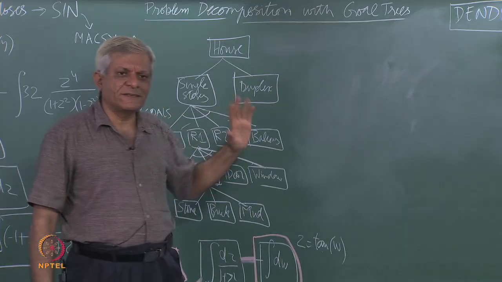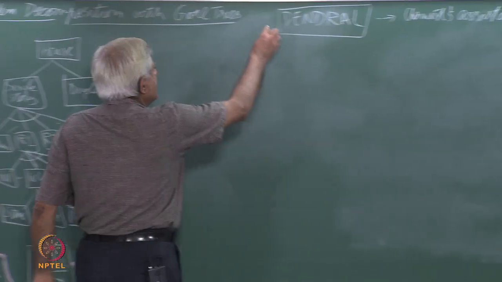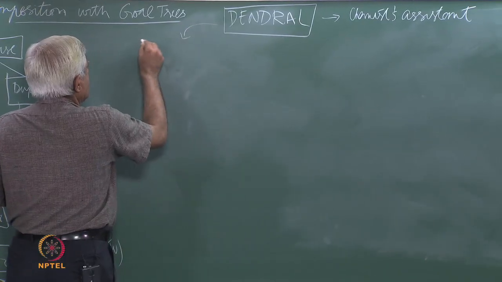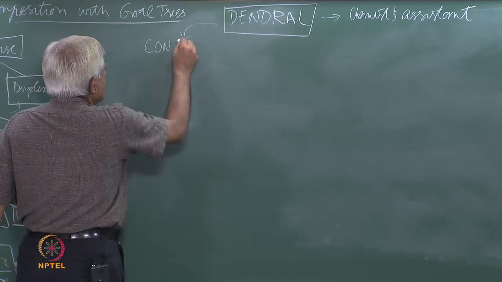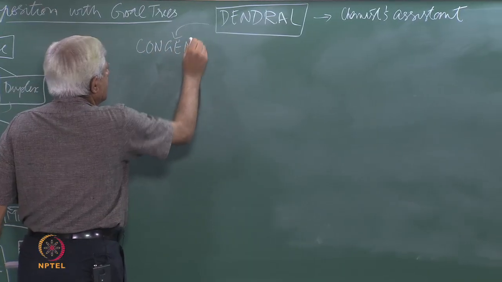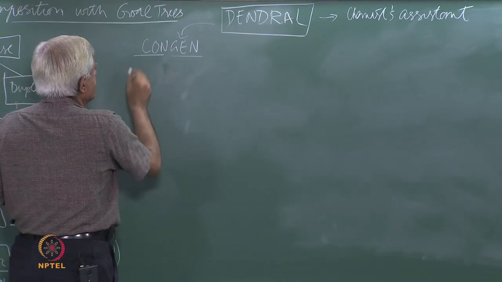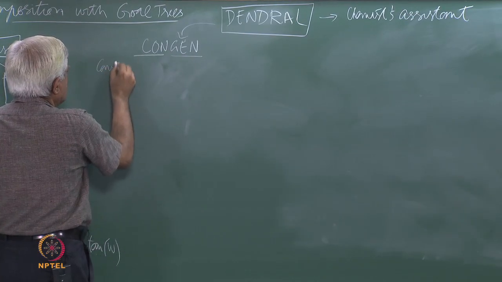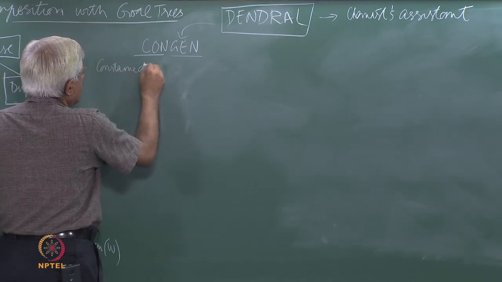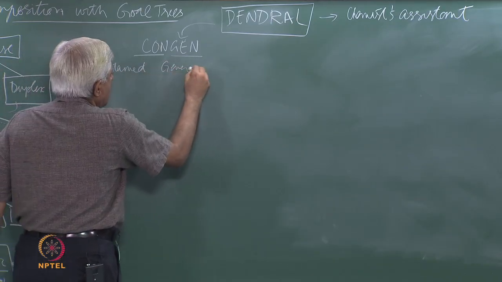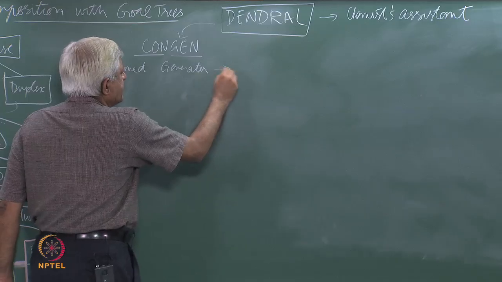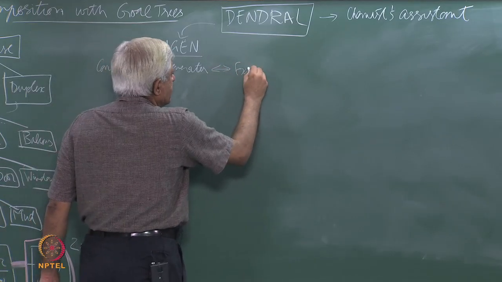So, where did the expertise come in? Expertise came in because Dendrol was made up of a program called CONGEN, which stands for constraint generator, and this had expert knowledge inside it.